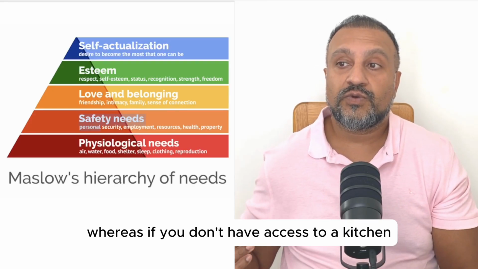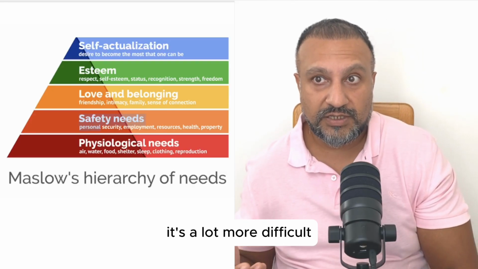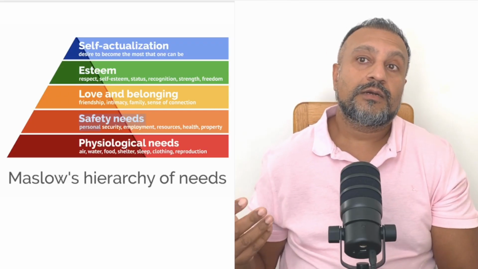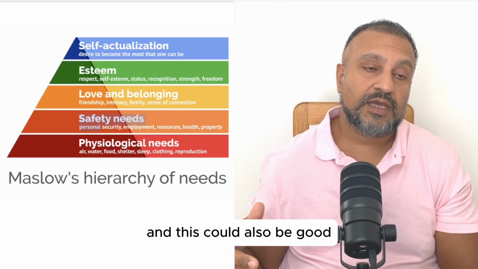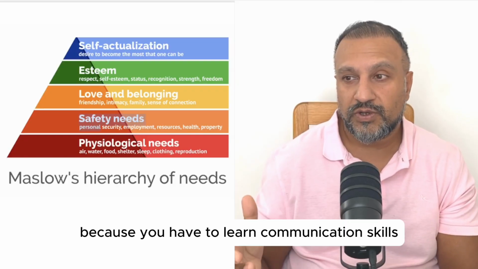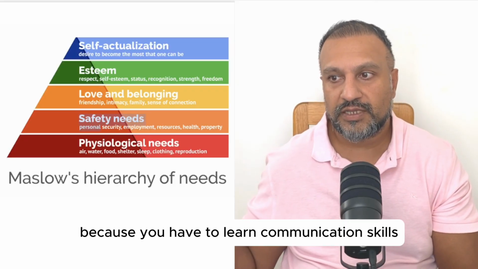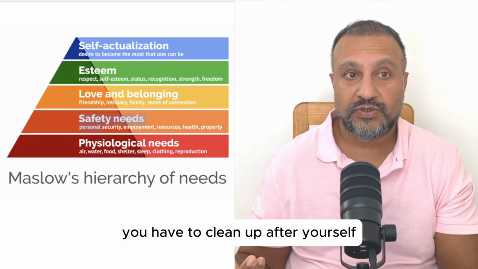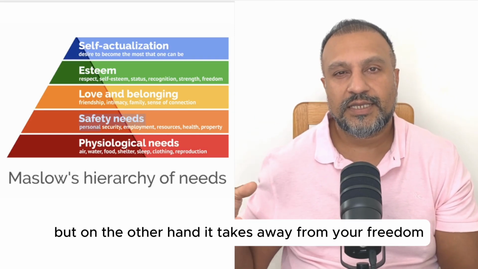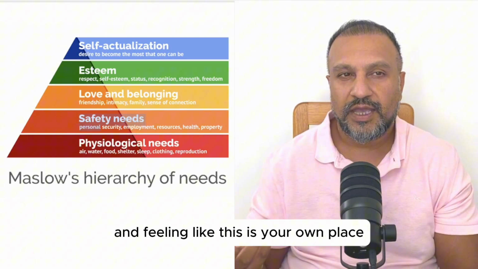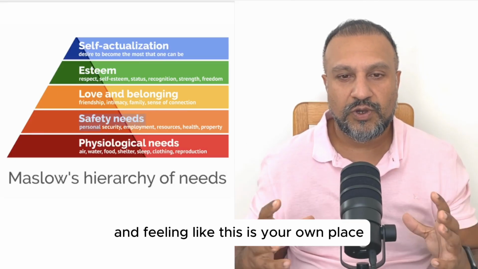Whereas if you don't have access to a kitchen, it's a lot more difficult. I think you could have a shared kitchen with others, and this could also be good because you have to learn communication skills, you have to clean up after yourself. But on the other hand, it takes away from your freedom and feeling like this is your own place.